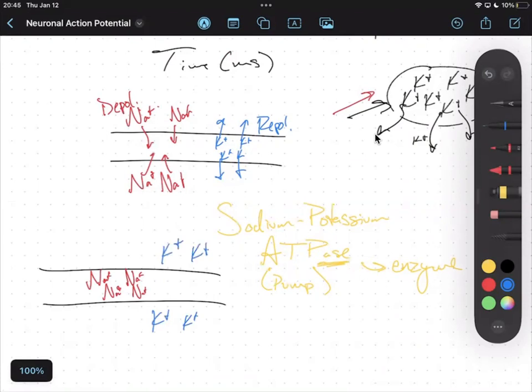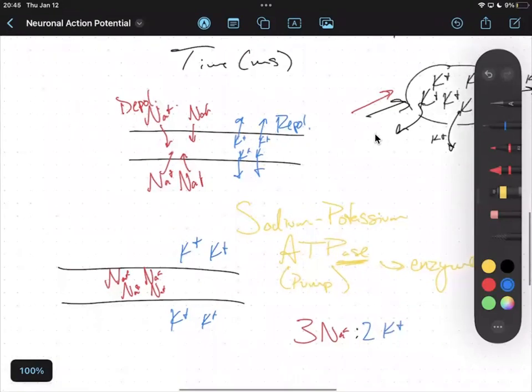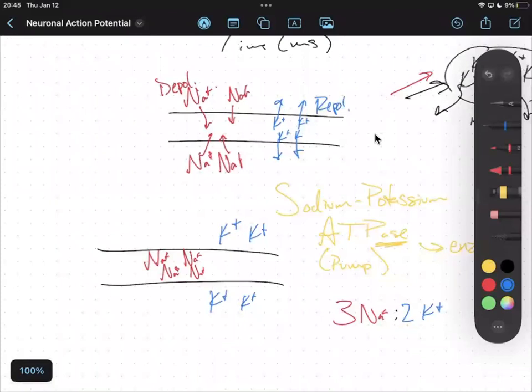Okay, so what this sodium-potassium pump is going to do is it's going to work in a 3-to-2 ratio. So let me write this out. In a 3 sodium to 2 potassium ratio, it's going to move 3 sodium. So let's write this over here. Let me extend this axon a little bit.